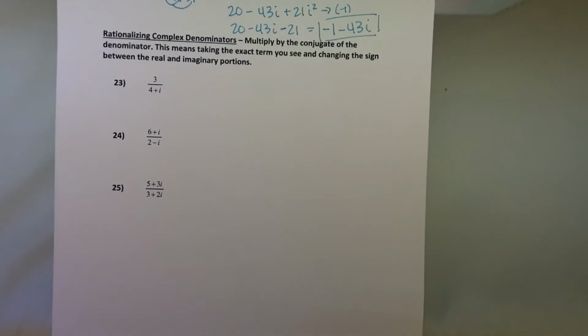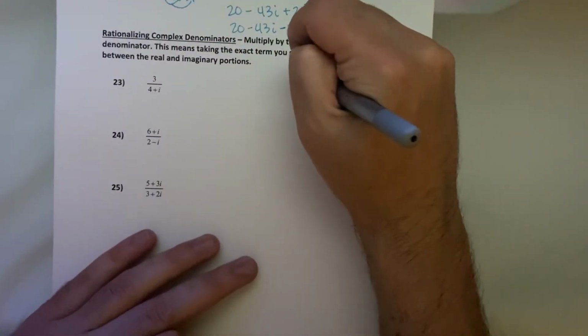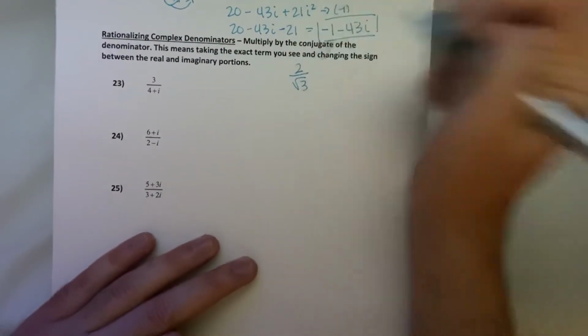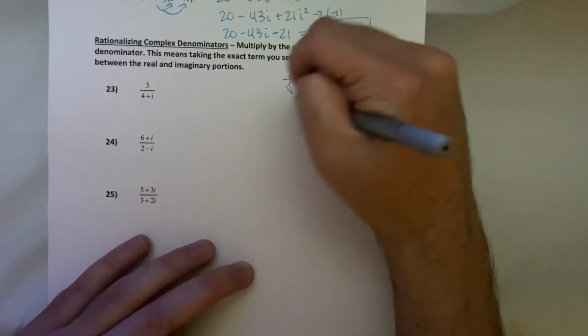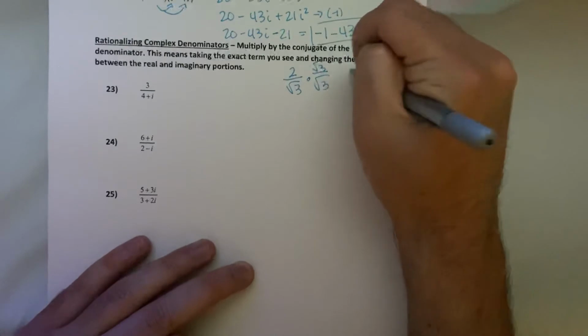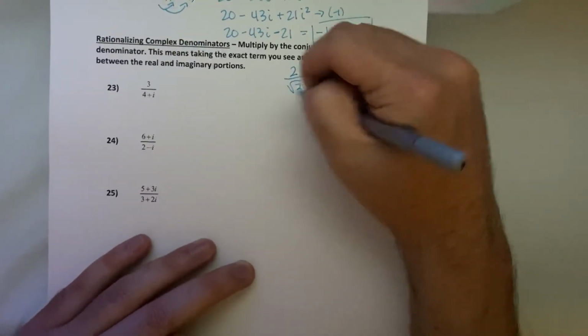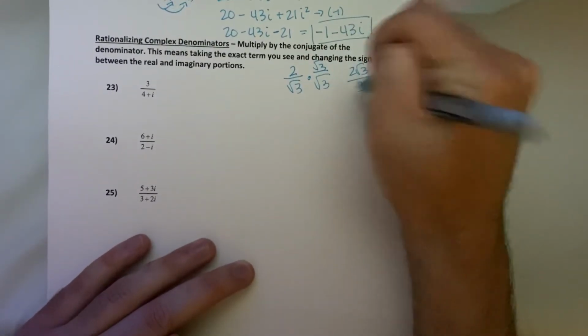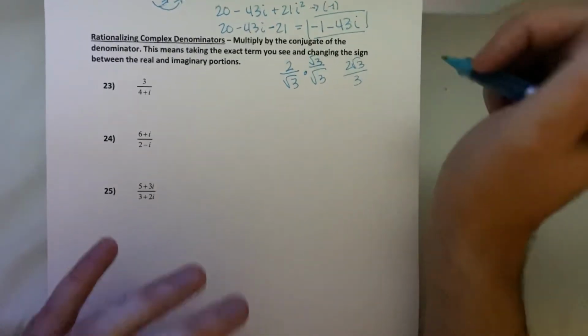Well, remember, i is really a square root of negative 1, so i is really like a square root in the denominator. So we have to deal with that. If we had 2 divided by the square root of 3, with the square root by itself, we can just multiply by the square root in the numerator and denominator and get 2 square root of 3. The square root of 3 times the square root of 3 is just 3, and then that cleans it up.